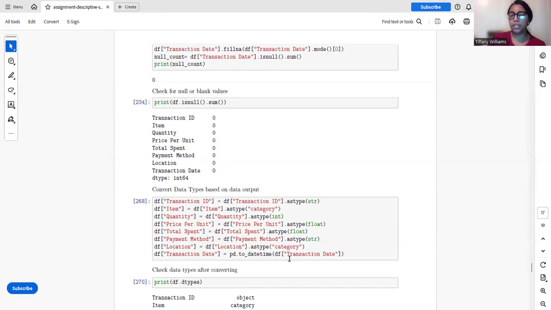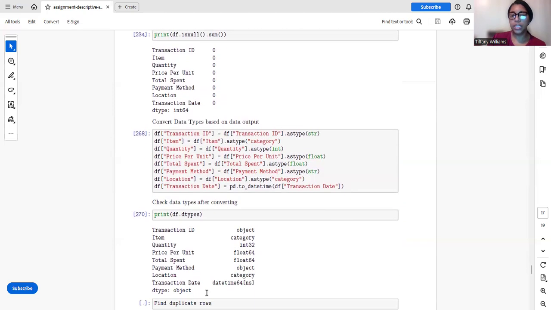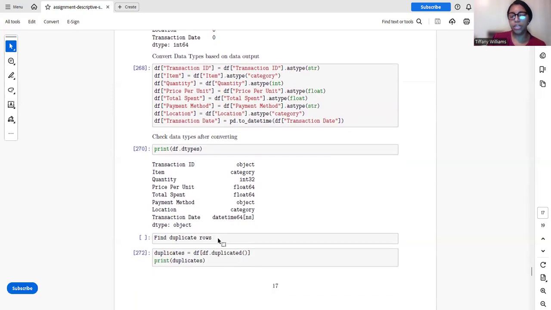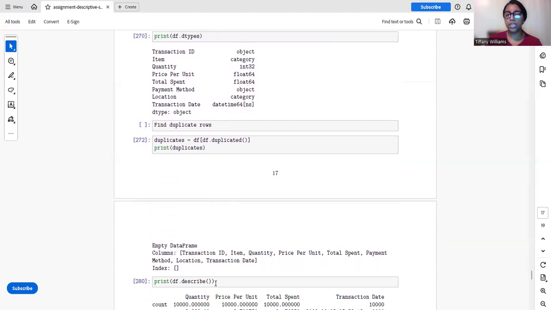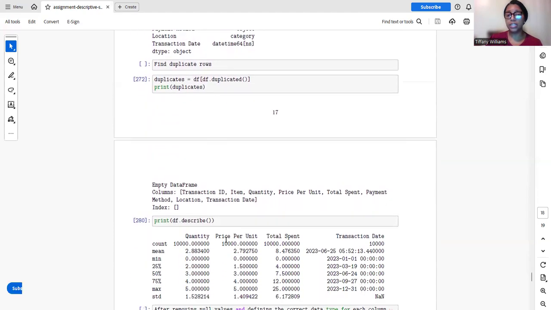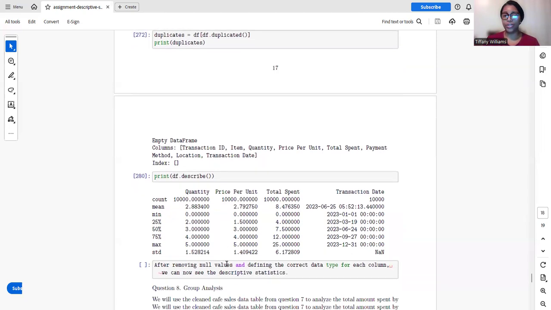And the transaction date, I changed it to a date and time. Now you can see everything has been assigned to its appropriate data type. I searched for duplicate rows, however, they return no duplicate rows. Now as I use the descriptive statistics function, we can see some of those statistics and quantitative values.